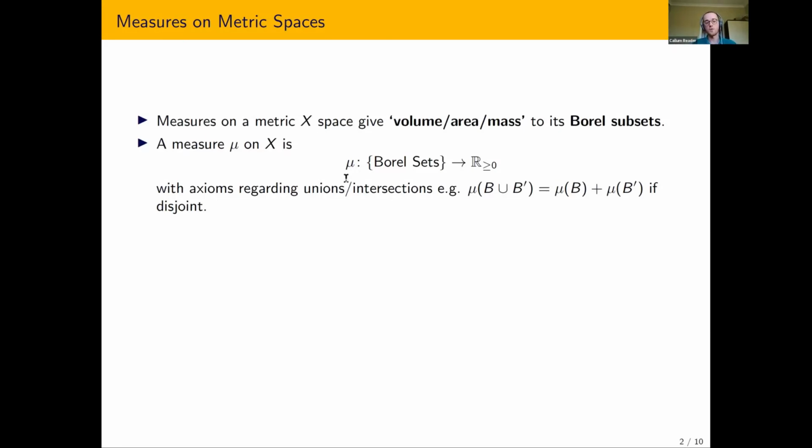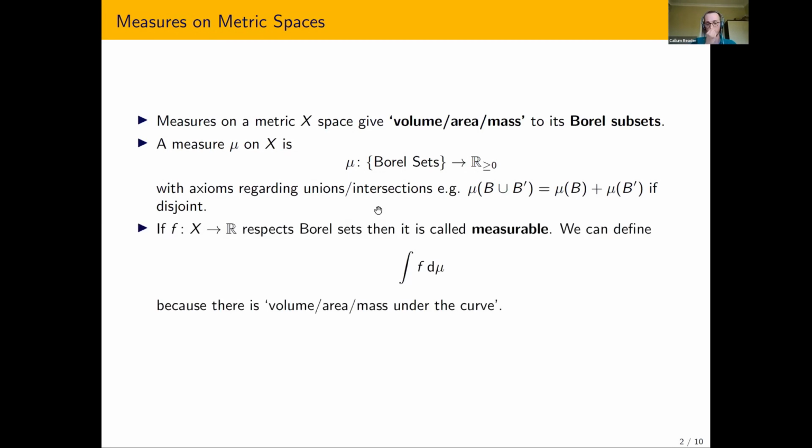So for example, if you've got disjoint sets, then the size of their union is just going to be the same as the sum of their sizes. And in particular, this is interesting for us because if you have some function from a metric space into the reals that respects Borel sets both on the reals and your domain space, then it's called measurable.